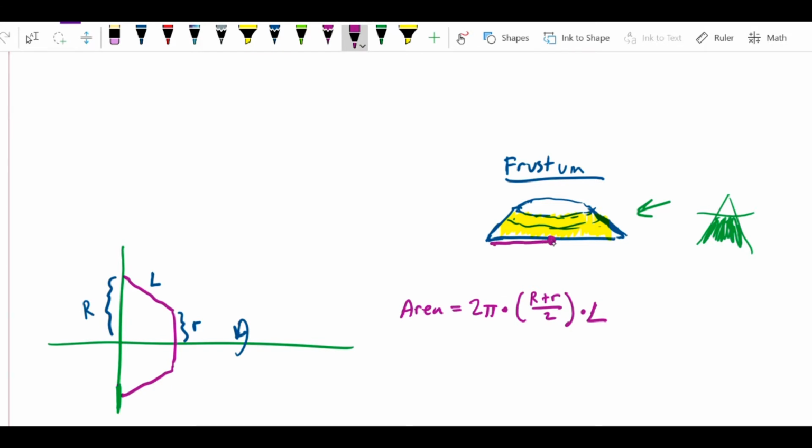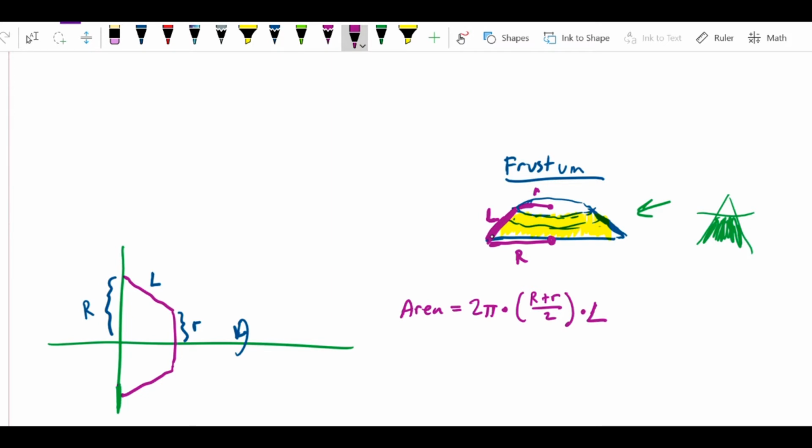Since this is a circle on the bottom, that's going to be the big radius, and on the top we have a small radius. So it's going to be the average of the big and small radii times 2 pi, and then times a number called L, which is the slant height. That's the name of that. It's the length of this line.